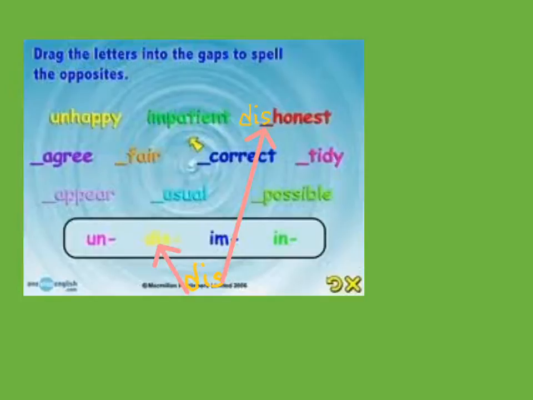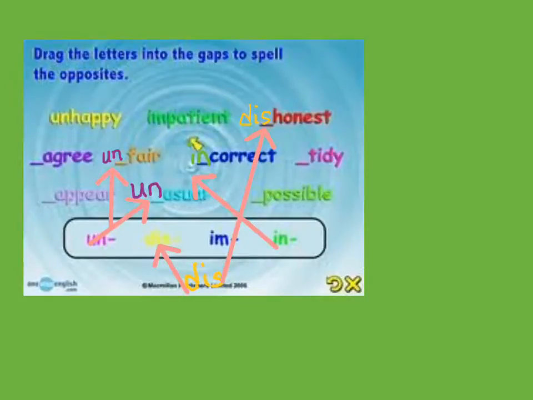So let's try fitting in the words. For the word correct, we have incorrect. For the word usual, we have unusual.